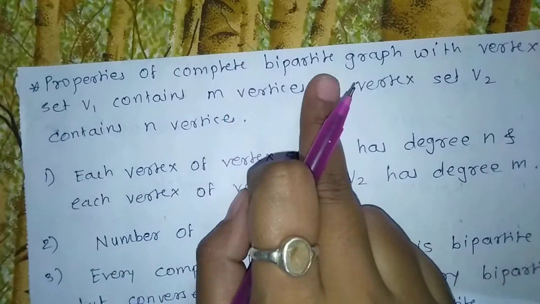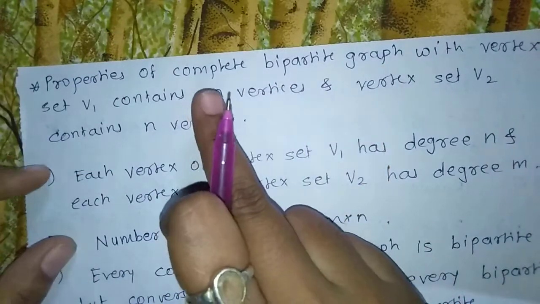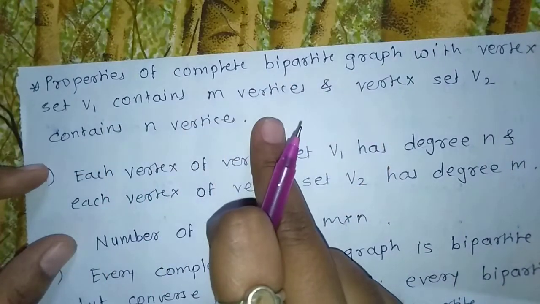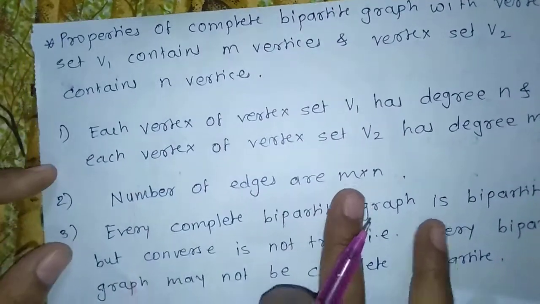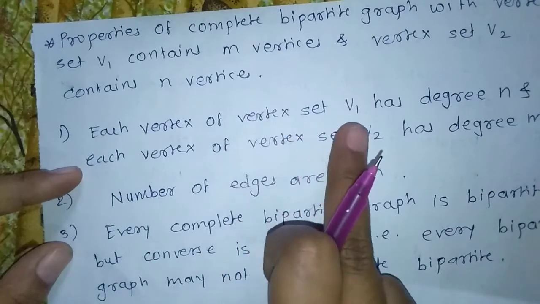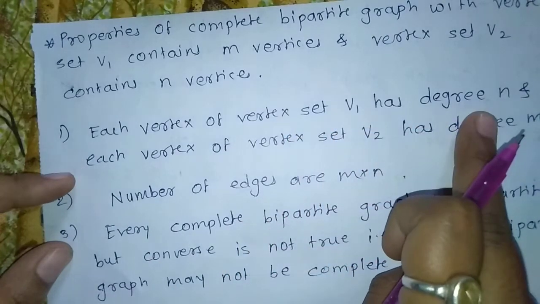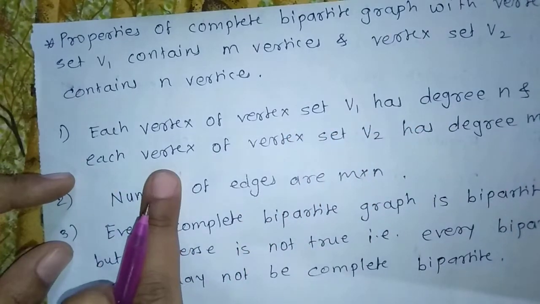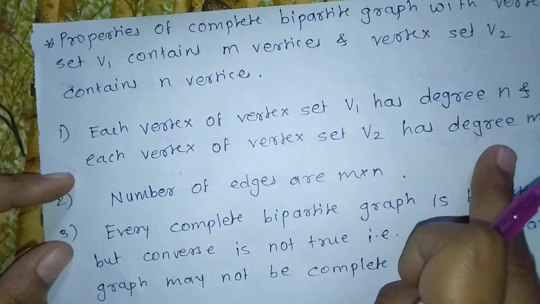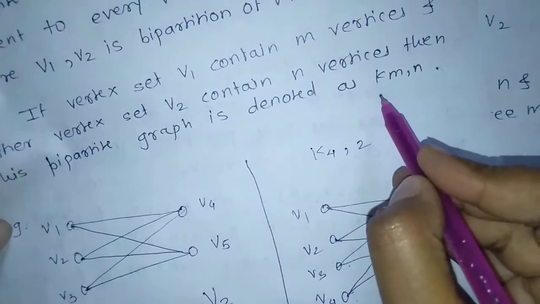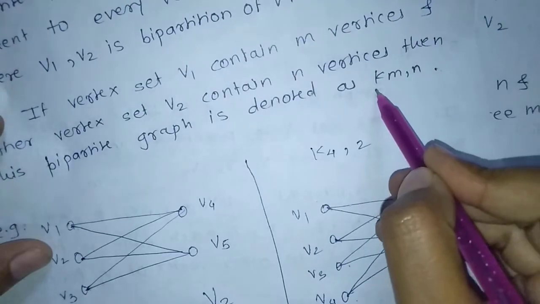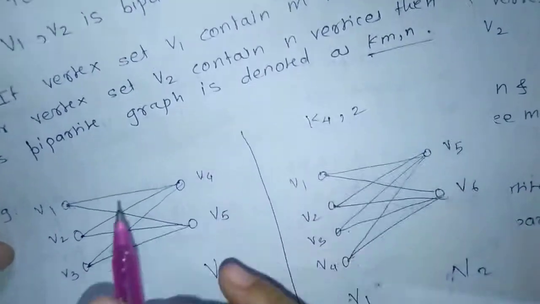Next, properties of complete bipartite graph. Properties of a complete bipartite graph with vertex set V1 containing m vertices and vertex set V2 containing n vertices. First, each vertex of vertex set V1 has degree n, and each vertex of vertex set V2 has degree m, because the complete bipartite graph is denoted as K(m,n).